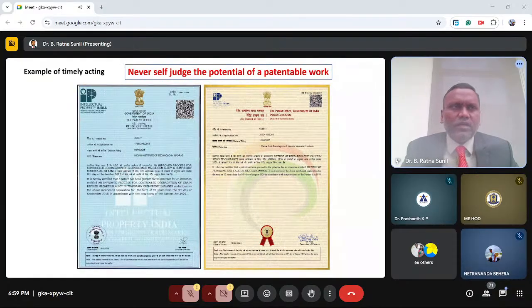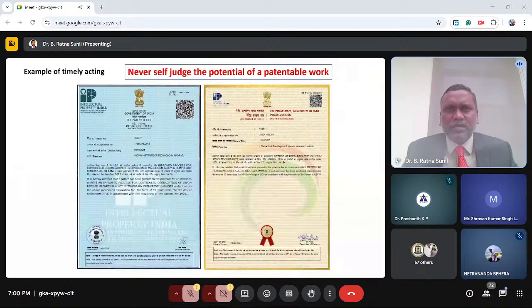Before concluding, I would like to present a couple of examples. Here you can see two patents. We have many granted patents, and among them, two examples are interesting. The first patent we published in 2015, but it was granted in 2020. It took 5 years. This work was based on my research work. We developed a grain-refined magnesium alloy for bone implant applications.